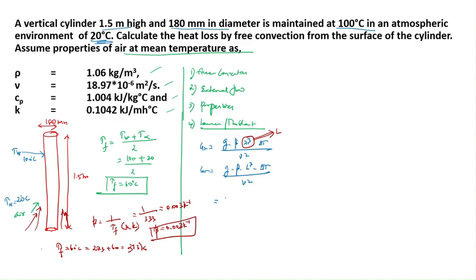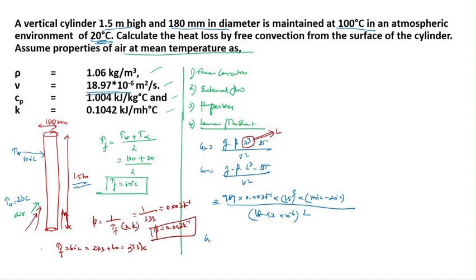Approximately g is 9.81 into beta, that is 0.003 per Kelvin, into L, which is 1.5 meter, so 1.5 whole cube, into delta T. Delta T is the difference between the temperatures, 100 degrees Celsius minus 20 degrees Celsius, divided by the kinematic viscosity nu, that is 18.97 into 10 to the power of minus 6, whole square.